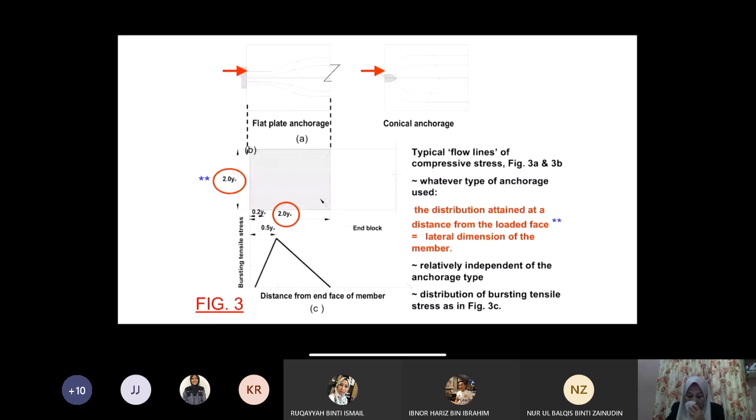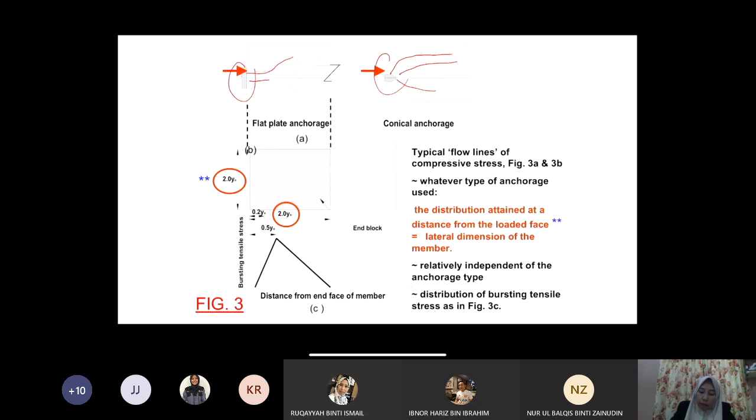And here is the distribution, when you have a flat anchorage or a conical anchorage. A conical anchorage is a different type of anchor, so it will give you a different type of stress distribution here.